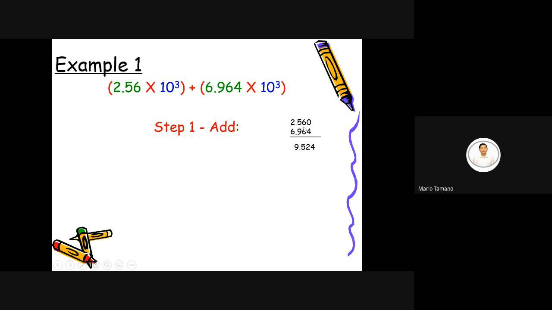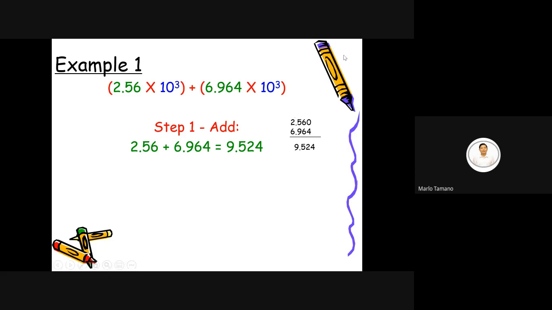So, 2.560, then 6.964. When there is a missing digit, what do you do? Don't you add a zero? It's hard to add when there is nothing aligned. So, see to it that the decimals are in line.